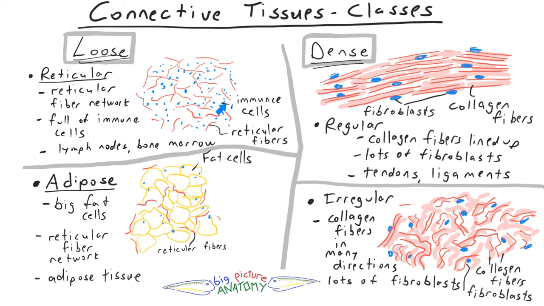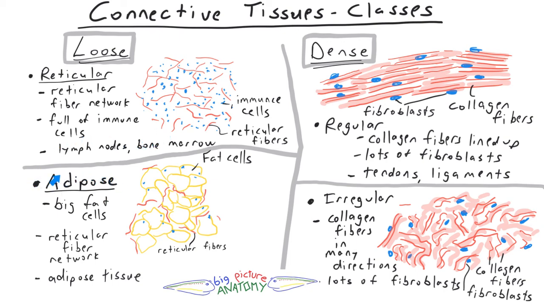They're made out of collagen, but they're much thinner than the thick structural collagen fibers. And these tissues tend to be full of immune cells, distributed along that reticular fiber network. We find this kind of connective tissue in lymph nodes, bone marrow, and other blood-forming tissues like that.